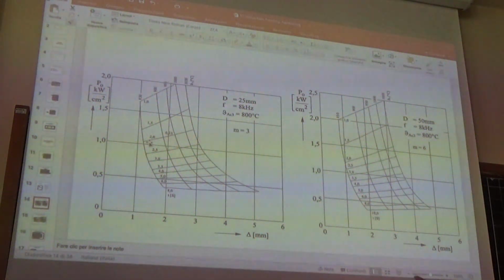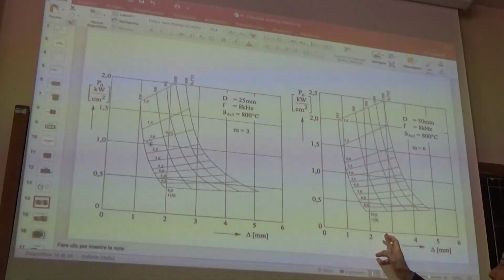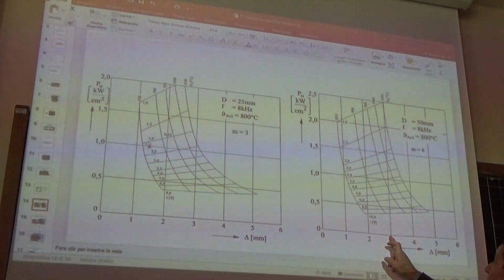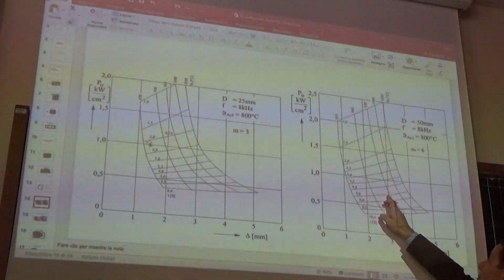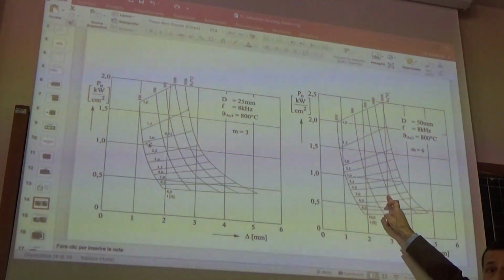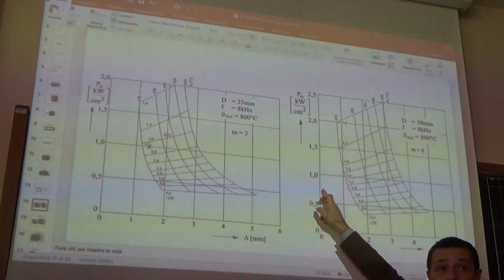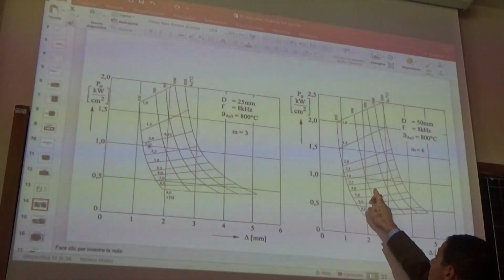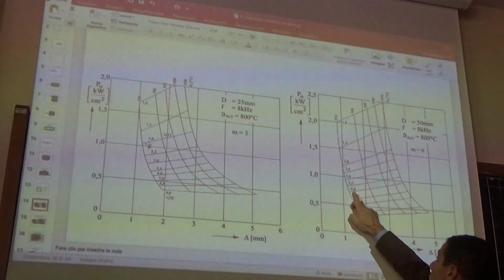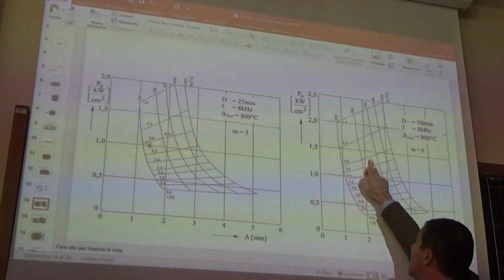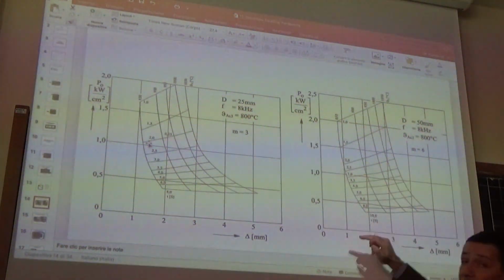I started from the layer of the billet that I would like to harden. And then I can choose different parameters. For example, 3 millimeters. I can stop here. What does it mean? I have a specific power that I have to use for the process. I have a specific time, which is 4 seconds. And I know that I will reach a specific surface temperature.